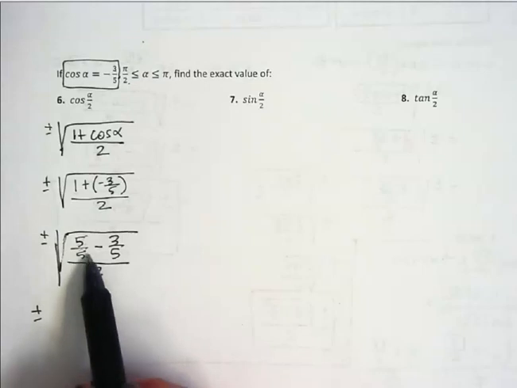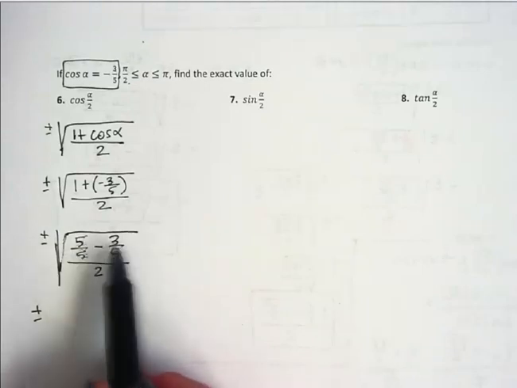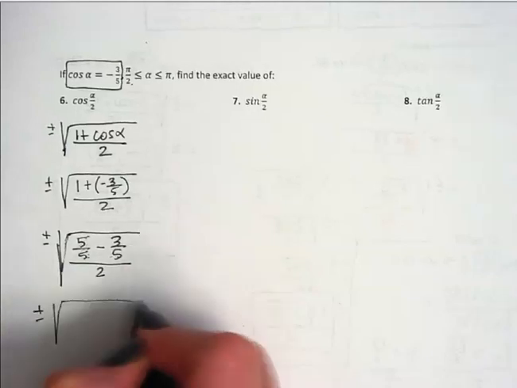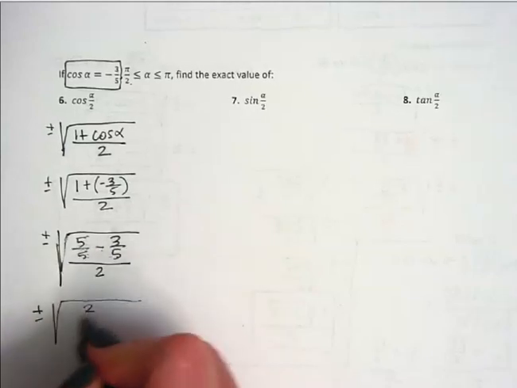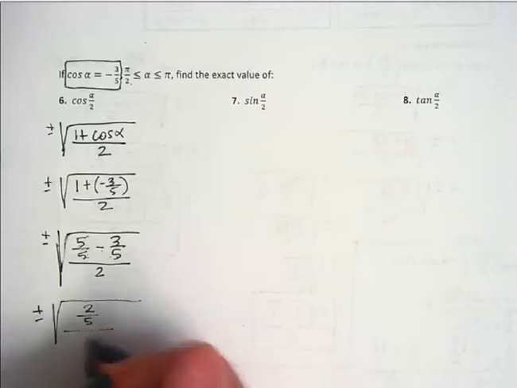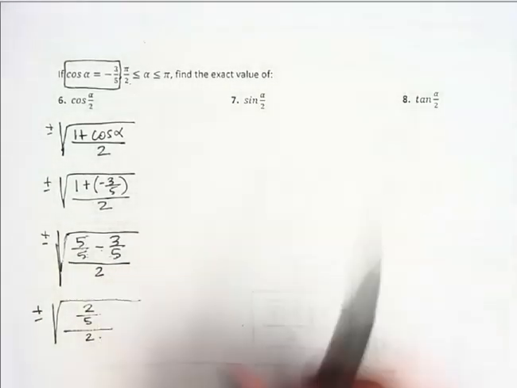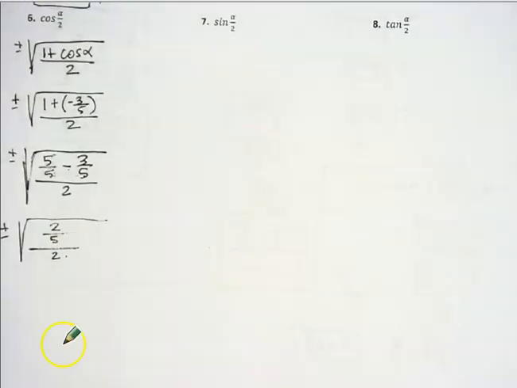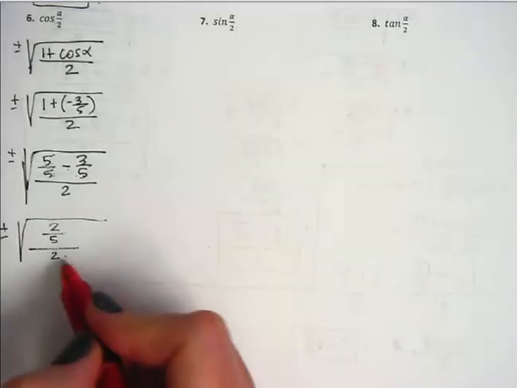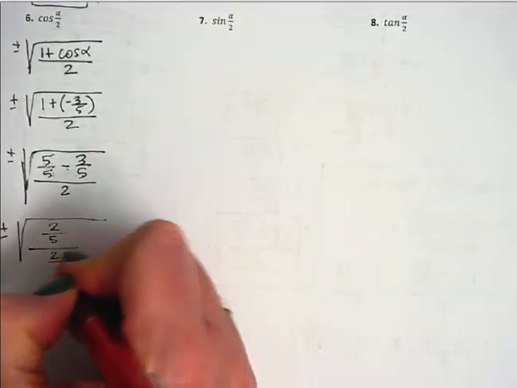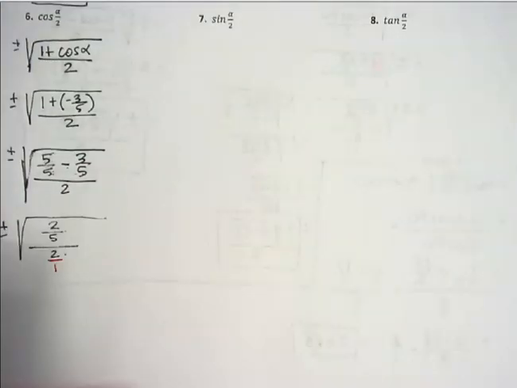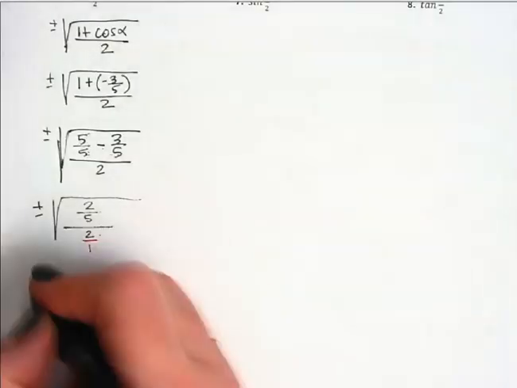So now I combine, so in the numerator, I combine them into 1 with the same denominator, and I do the math on the numerators. So 5 minus 3 is 2, the denominator is 5. That is divided by 2. So I'm going to keep, change, flip. Remember that this 2 in the denominator is over 1. So when I go to keep, change, flip, it looks like this.